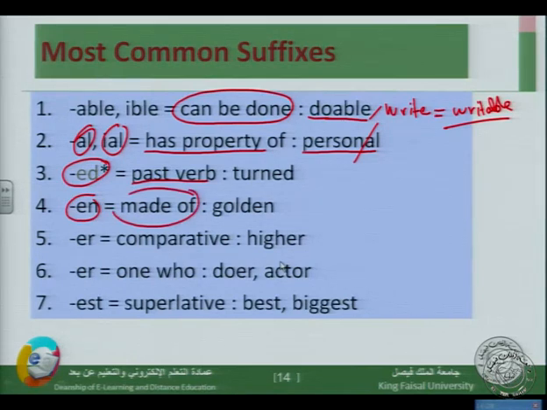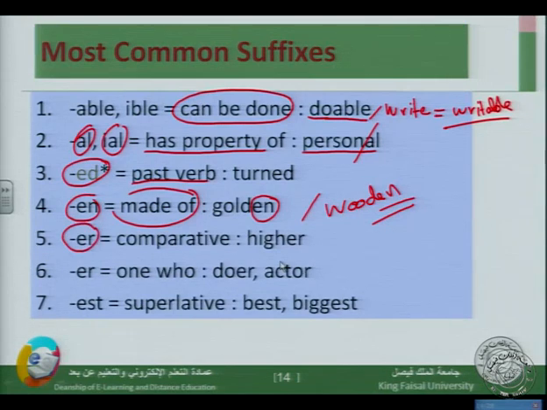For example, this pen is made of gold, let us say. So you should say, this is a golden pen. So it means that this object is made of gold. Also we have wooden. Wood, wooden.